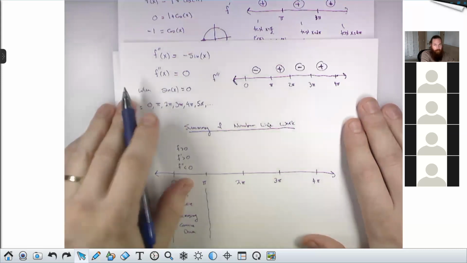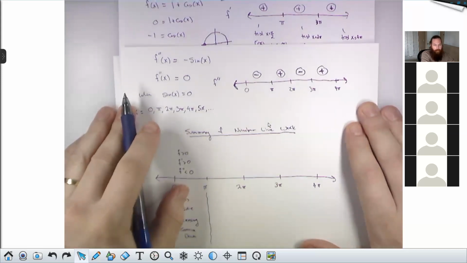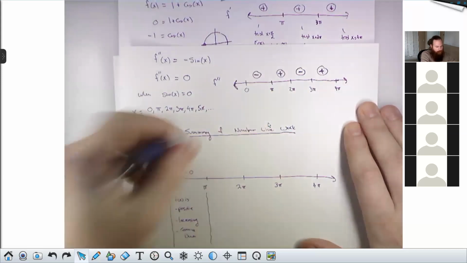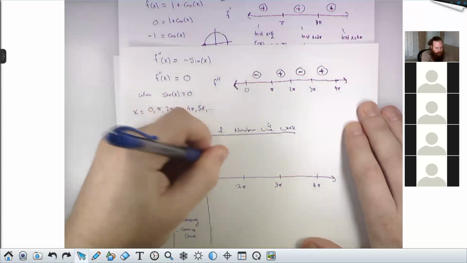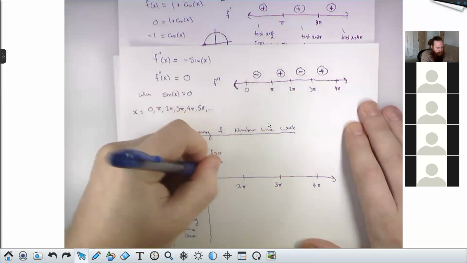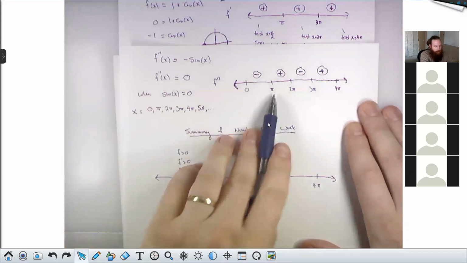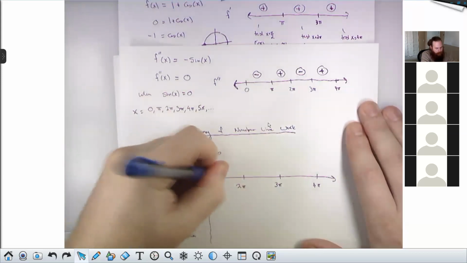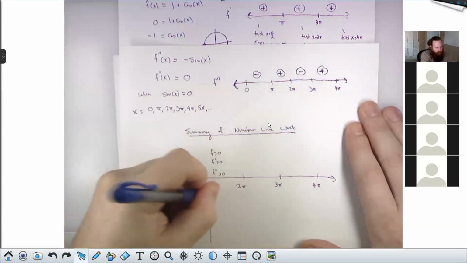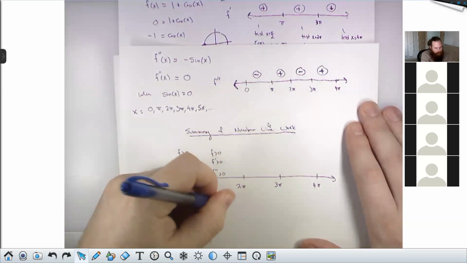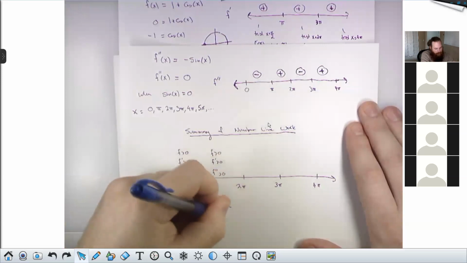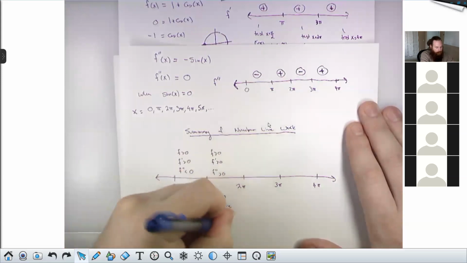Between pi and 2 pi, f is positive, f prime is positive, and f double prime between pi and 2 pi is also positive. So f of x is positive, increasing, and concave up.